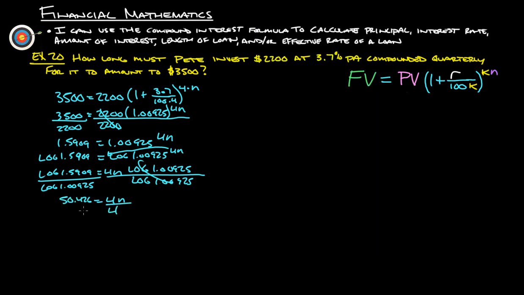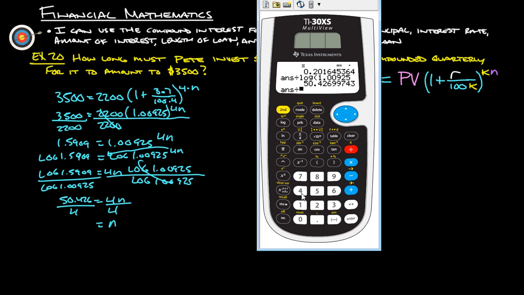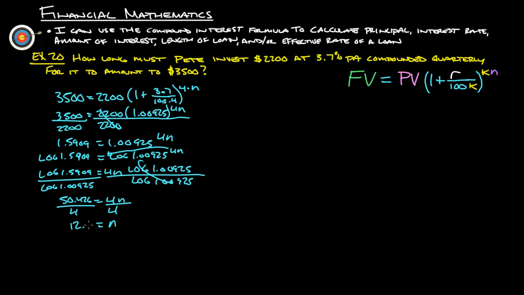Now, to get n by itself, we've got to divide both sides by 4, right? And we get n equals 12.6. So how long is it going to take? It's going to take about 12.6 years.